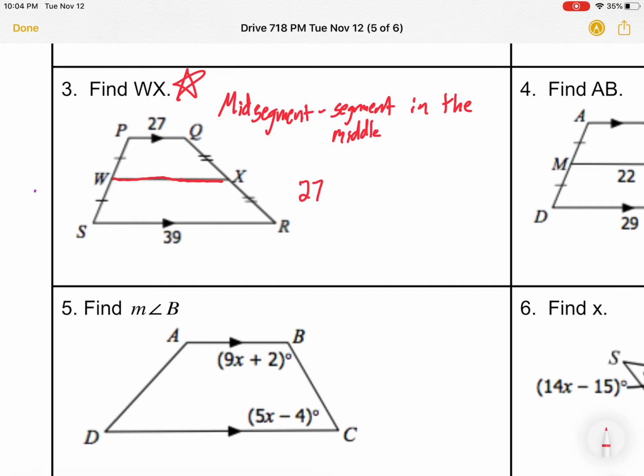So just like I wrote on the very first page, you do 27 plus 39 divided by 2. That would give us 66 divided by 2, so that mid-segment is 33. So it's not hard, you just have to know how to do it. So if they give you a top and bottom, add them up, set it equal to the middle.